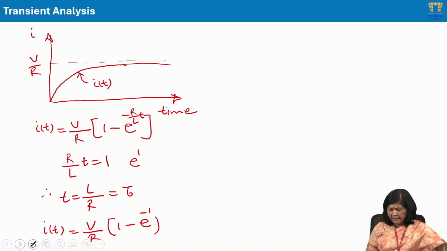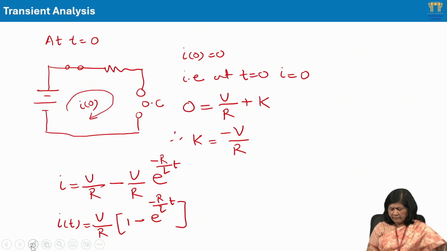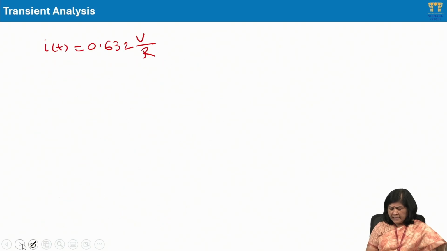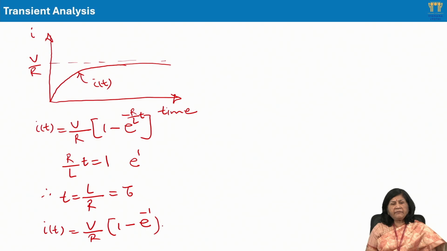When you subtract that, you get 63.2% of the peak value. That means the time constant is defined as the time at which the current response reaches 63.2% of the peak value. Here, this is my time constant, tau, and here I have 0.632 V by R.